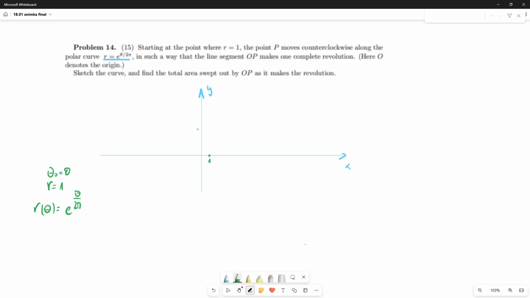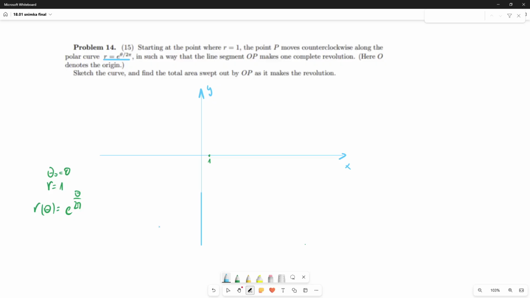And we can see that as our angle increases, so does our radius r, and it increases much more rapidly. So actually it's not possible to draw this to scale.